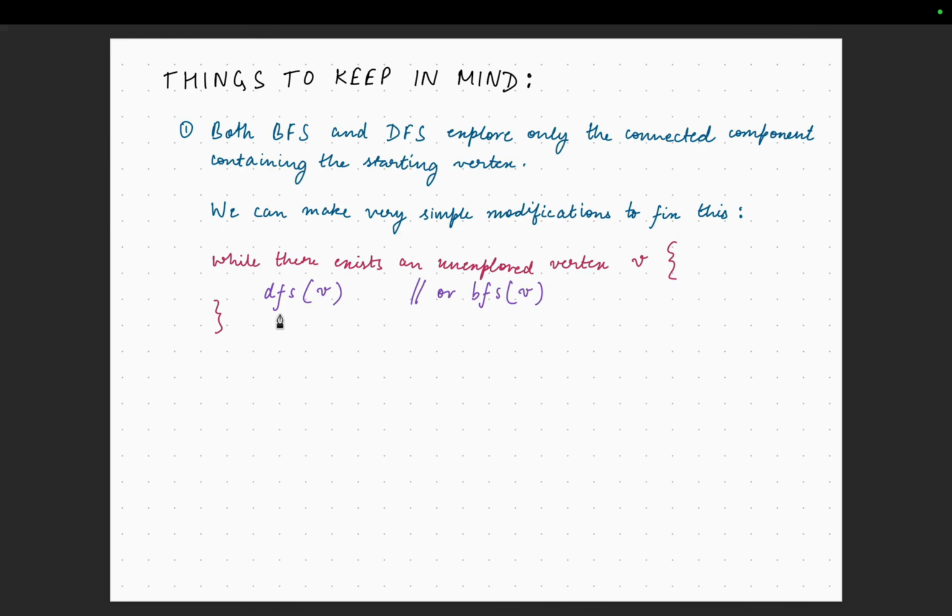Whenever there exists an unexplored vertex V of the graph, you just call DFS on V. And in practice, you would implement this using, say, a visited array, which is an array of length equal to the number of vertices, and you initialize it to all false. So you haven't visited any vertex initially.